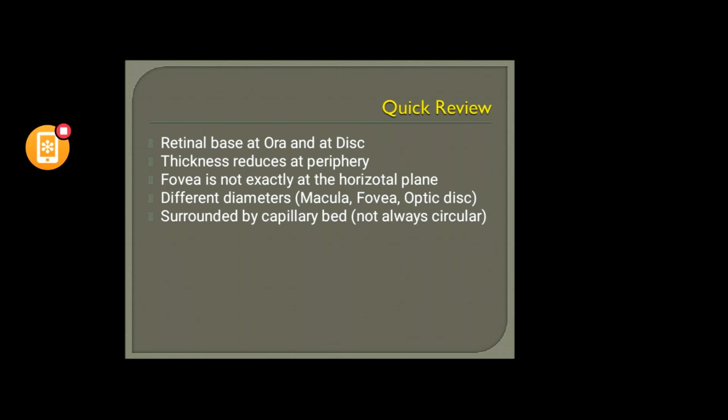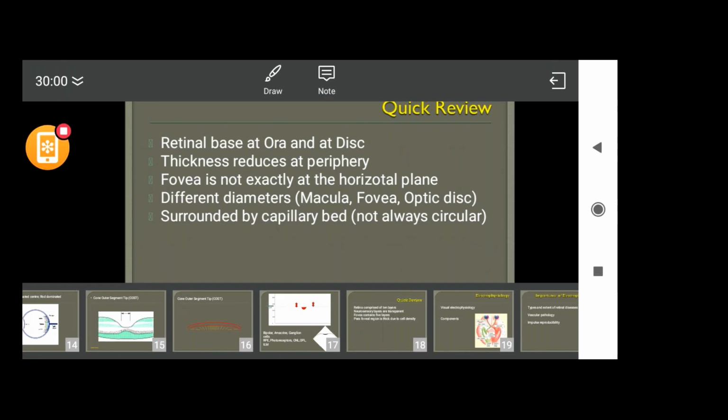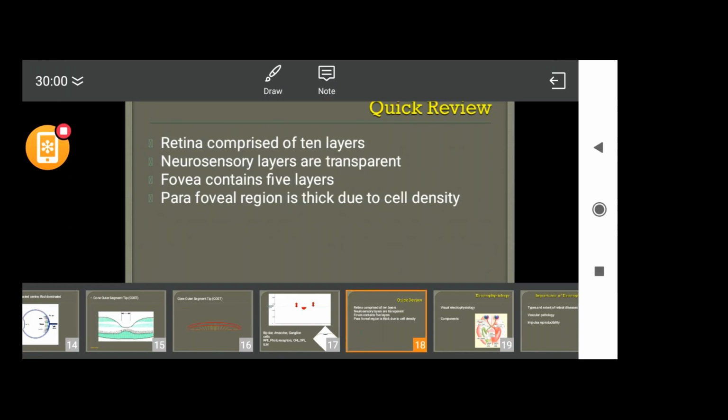Then we explored the different diameters or dimensions of the macula, fovea, and optic disc respectively. And we also got an idea of how the foveal avascular zone looks, and its structure, which is basically circular in nature. So this was the summary of the primary objective.